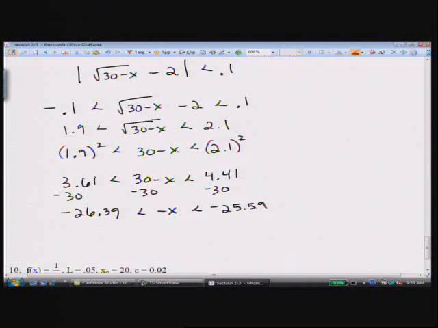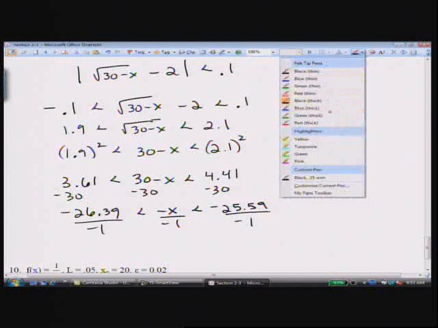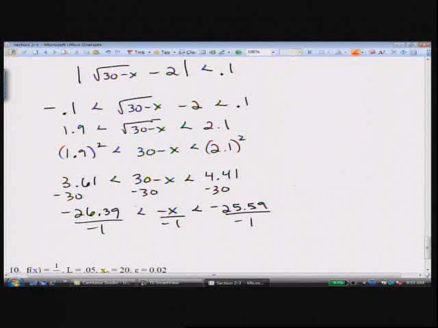Now, yeah, did I see you already? Yeah. When you divide by a negative, it flips the symbol when you're working with inequalities. Do y'all remember that? So when I divide this by negative 1 on either side, it is going to flip the symbol. So this symbol and this symbol are both going to flip.